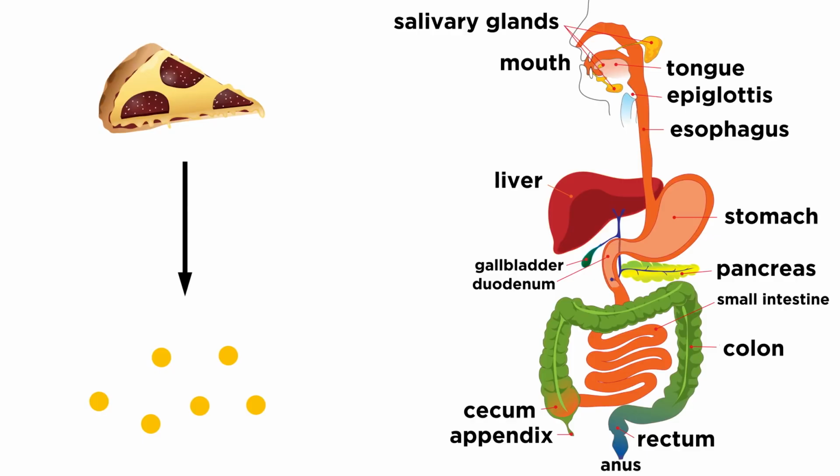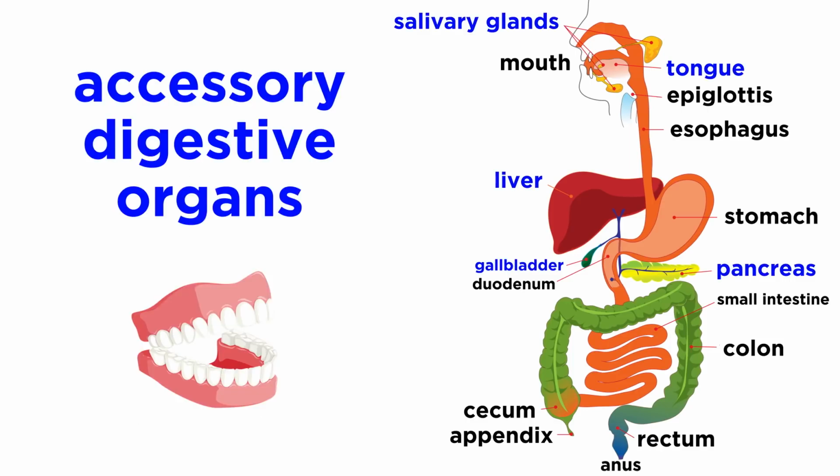Along the way, much of the food is broken down into molecular fragments that can be absorbed through the lining of this tract and into the blood that surrounds. The rest of the digestive system is made up of accessory digestive organs like the teeth, tongue, gallbladder, salivary glands, liver, and pancreas, which are not part of the GI tract but have a considerable role in digestion.